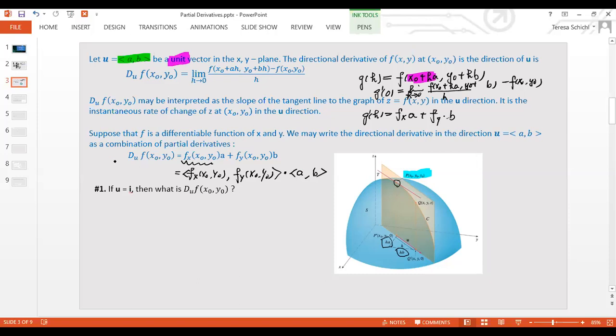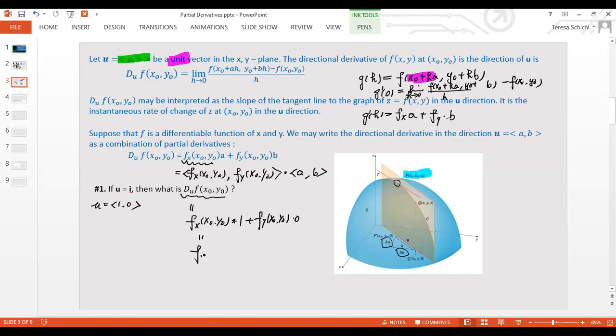So like in here, if we say u is along the i direction, what does D_u f of x0 mean? If u is along the x-axis, that means u is equal to (1, 0). So D_u f will just be what? f_x at x0, y0 times 1, and f_y at x0, y0 times 0.